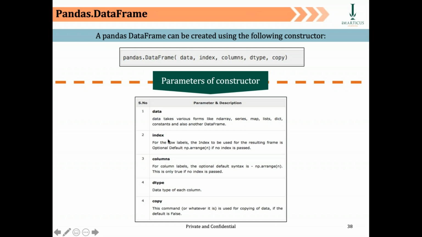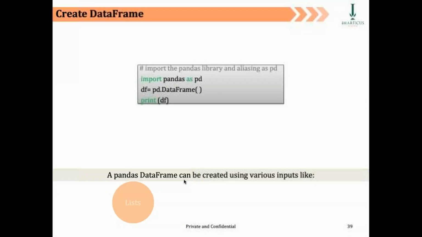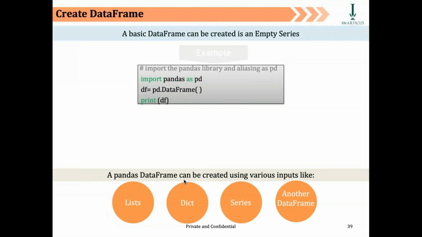Then for index, it is basically going to show if you are going to do any index operations on that or not, or we can keep it by default, so no index is passed. Similarly, the columns are going to identify the column types of it. Then dtype, as you have seen, we can change the data types also. And similarly, the copy, by default, remains false.